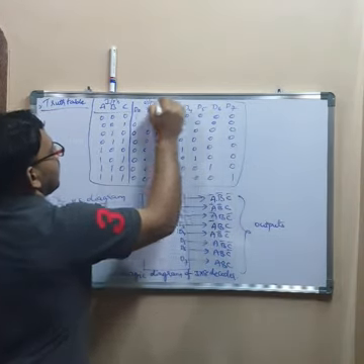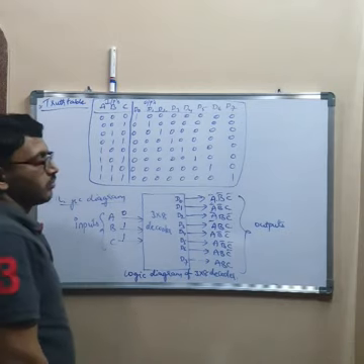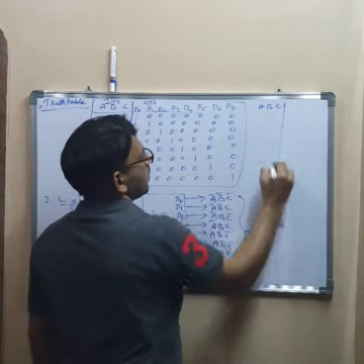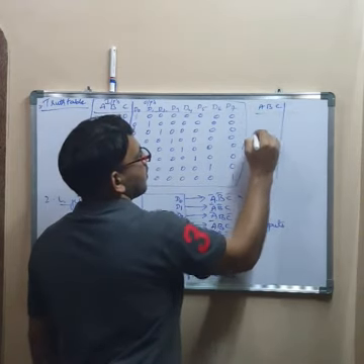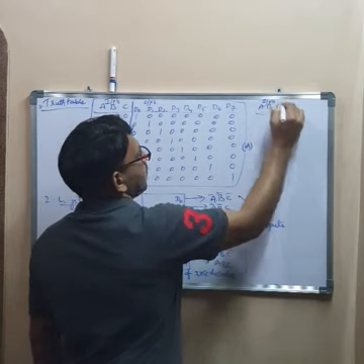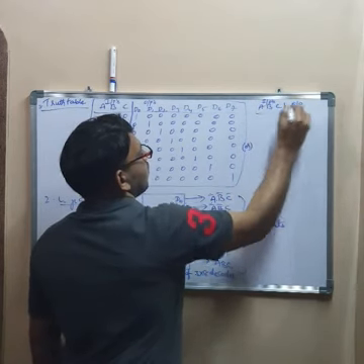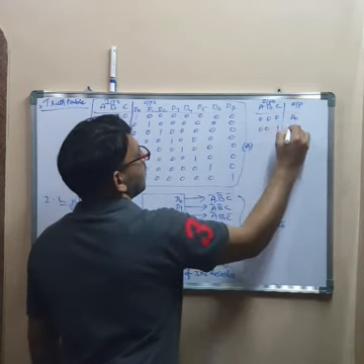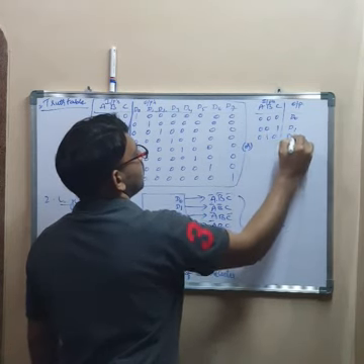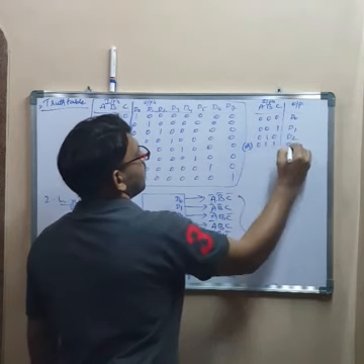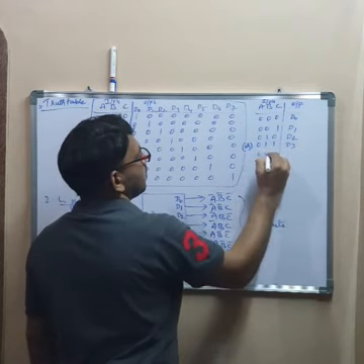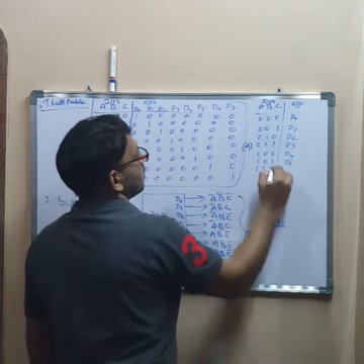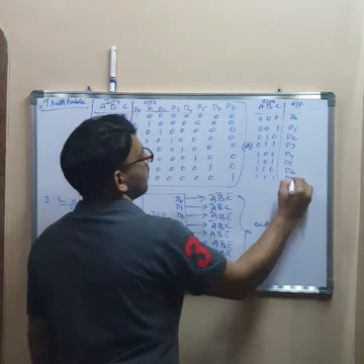Or else it can also be written in short form like this: ABC inputs, output. 0, 0, 0, D0; 0, 0, 1, D1; 0, 1, 0, D2; 0, 1, 1, D3; 1, 0, 0, D4; 1, 0, 1, D5; 1, 1, 0, D6; 1, 1, 1, D7.